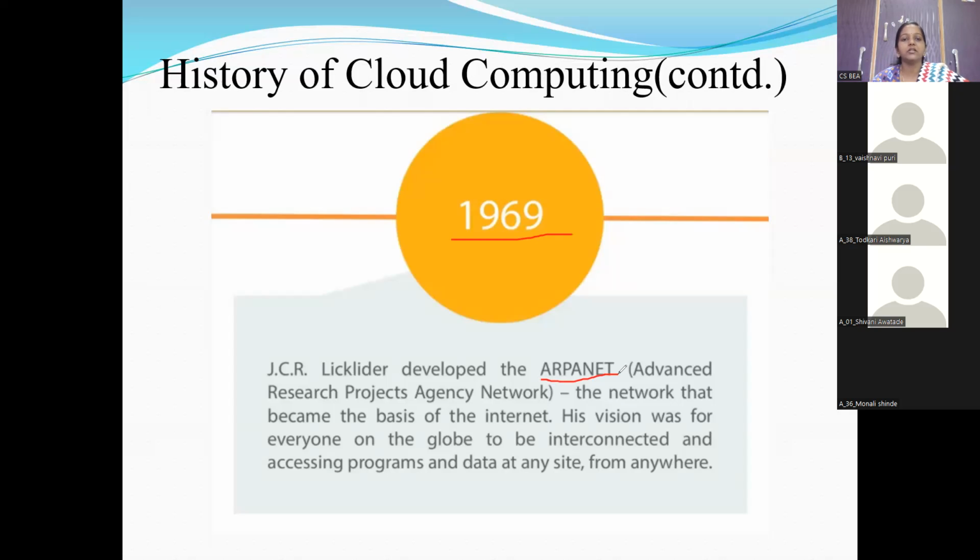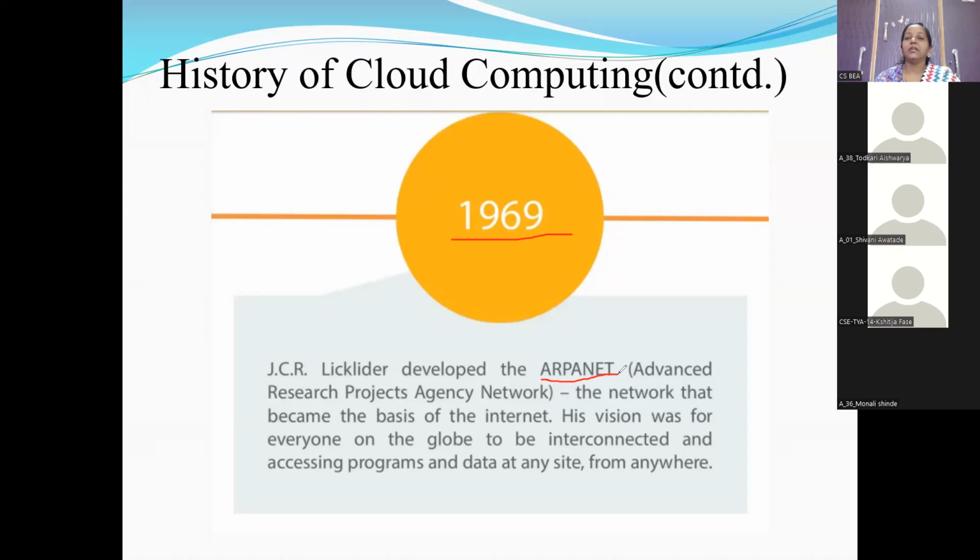ARPANET, that is Advanced Research Projects Agency Network, the network that became the basis of the internet. So his vision was for everyone on the globe to be interconnected and accessing the programs and data at any site from anywhere.